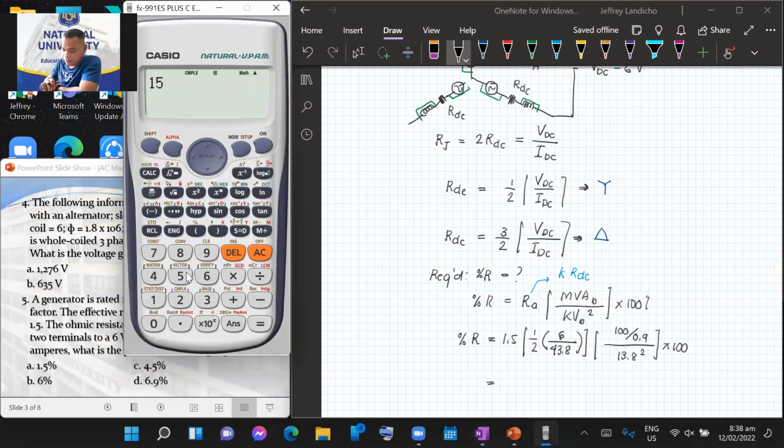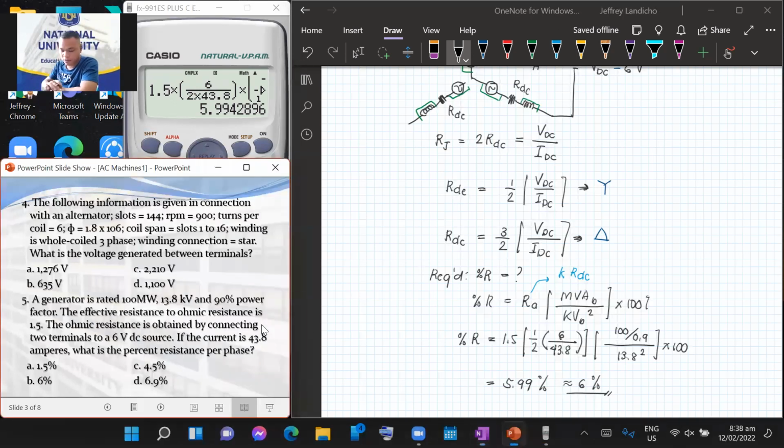So, 1.5 times 6 all over 2 times 43.8, times MVA base, which is real over power factor, that is the apparent, divided by 13.8 squared. Tsaka na lang natin i-multiply ng 100, equal 5.99%. Pwede na natin consider this as approximately 6%. That should be the answer.